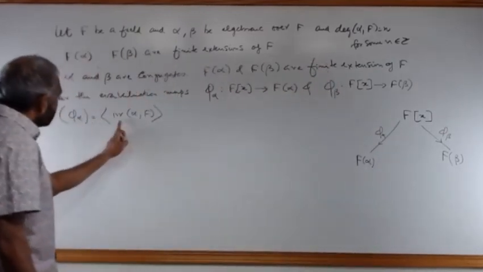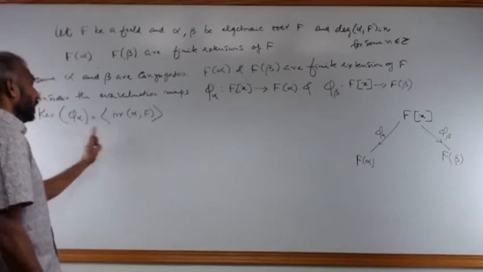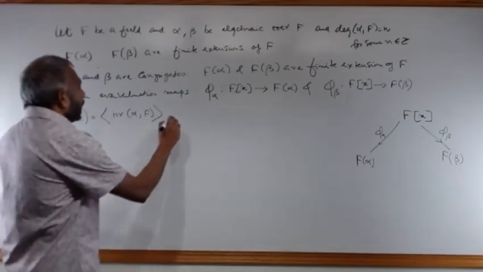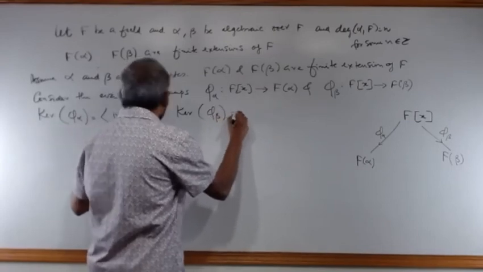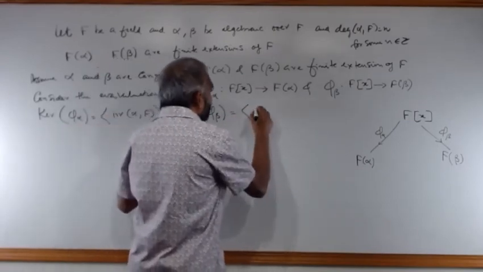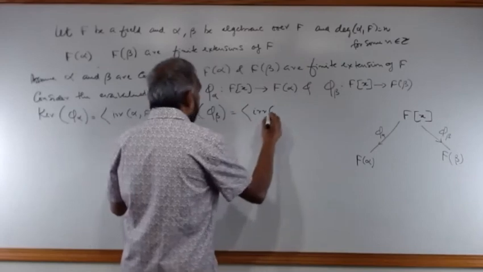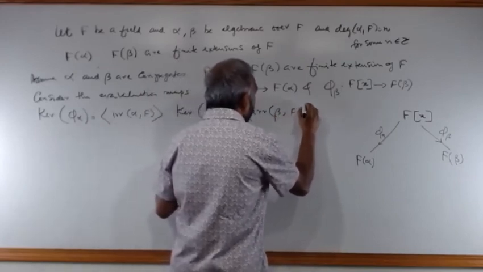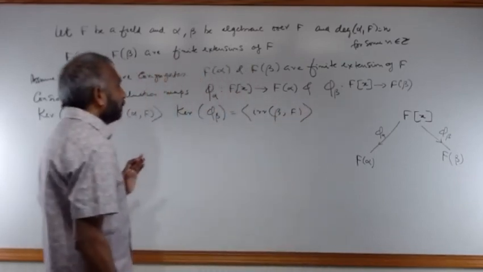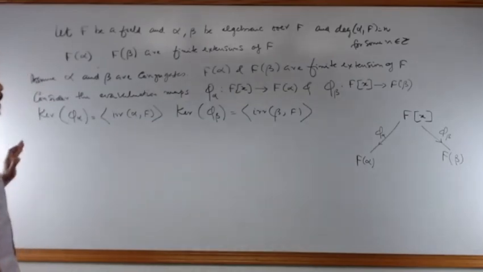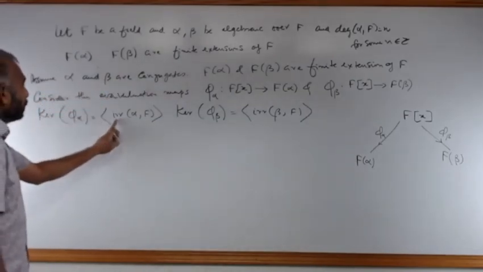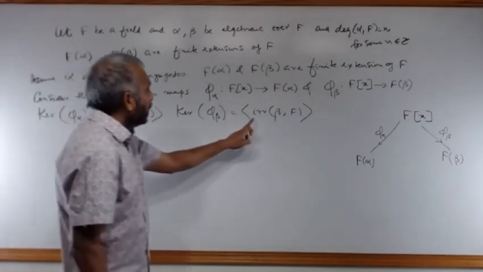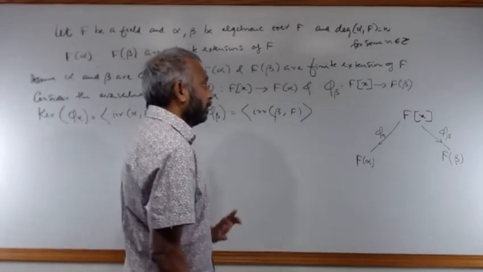And of course, this will always map to 0 of this. And kernel of phi of beta is equal to the ideal generated by the irreducible polynomial of beta over f. But alpha and beta are conjugates, meaning the irreducible polynomial of alpha is equal to the irreducible polynomial of beta over f.